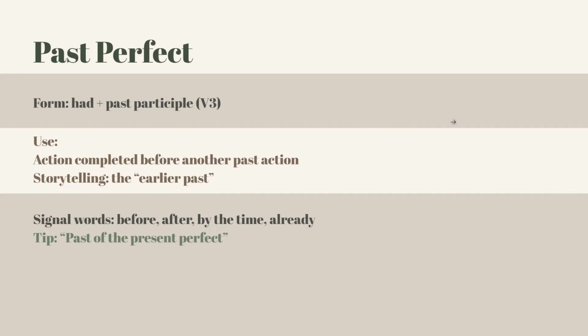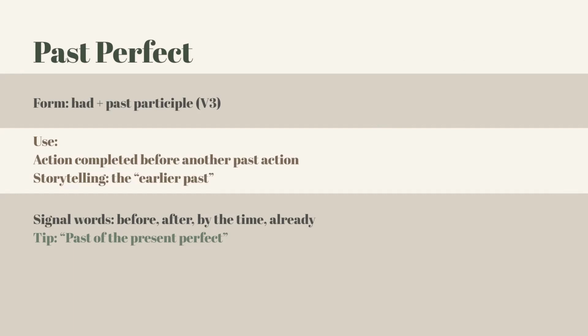You can clearly see that there are two actions, someone leaving and someone arriving, right? She had already left when I arrived. She was long gone before I was even there. That's about it. It's an action happening before an action, but it's in the past.